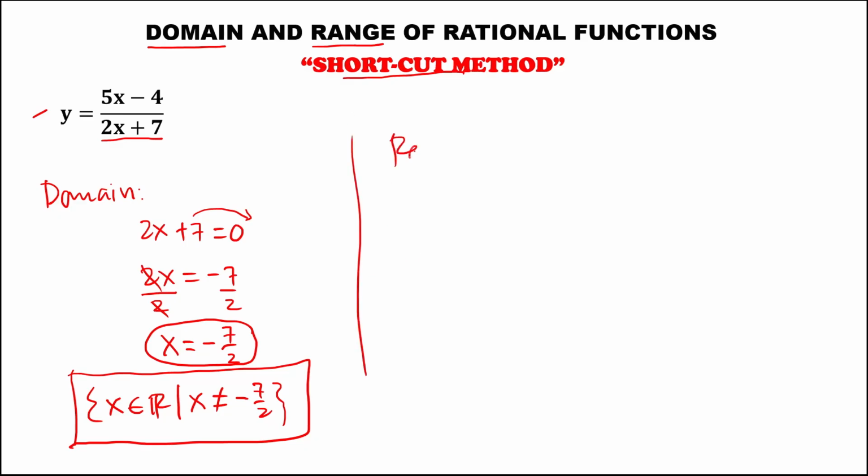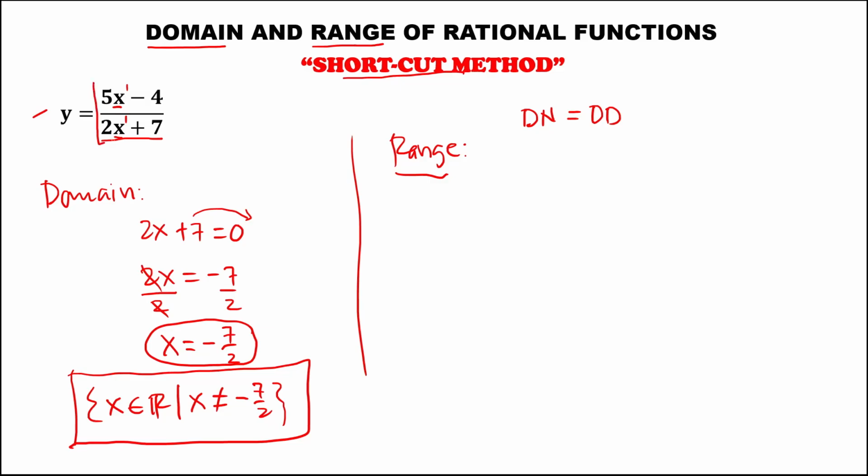Then to find the range, we're going to use the shortcut method. Take note for the range, if the degree of the numerator is equal to the degree of the denominator, then the range is the ratio of the numerical coefficients. For this given, since the degree of the numerator is 1 and the degree of the denominator is 1, these two are equal.